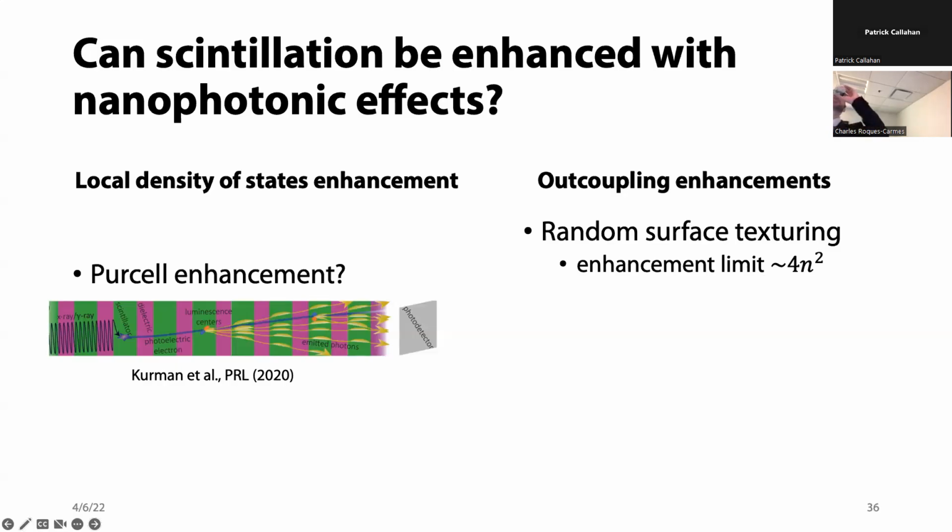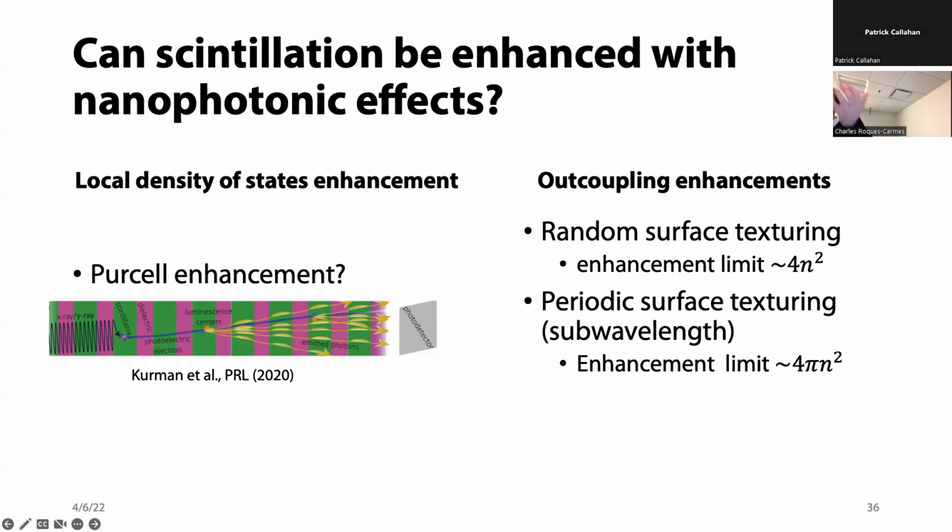Another very natural type of effect that comes to mind, especially from the field of photovoltaics, is surface texturing, where we can enhance the amount of light that gets outcoupled into the far field without modifying any of the bulk properties of the scintillator. It was first proposed in the context of photovoltaics by Eli Yablonovitch, and then there is a generalization of it with periodic patterns, especially sub-wavelength periodic patterns for maximum enhancements.